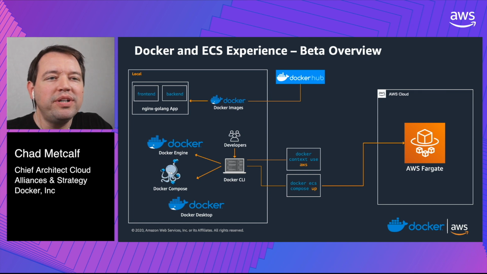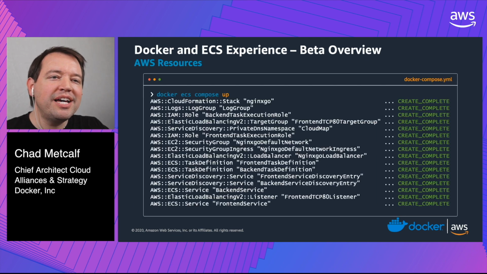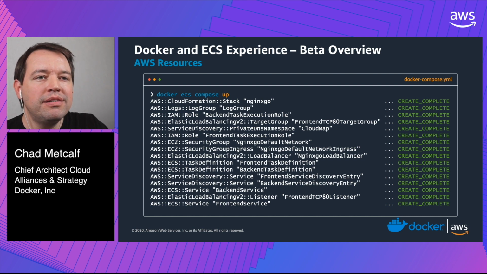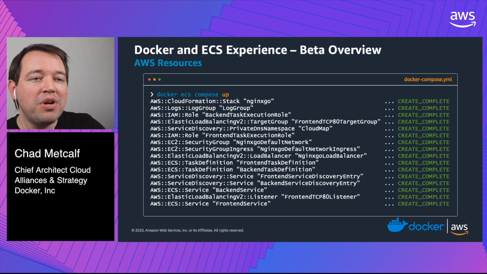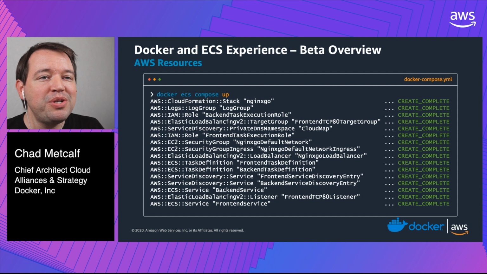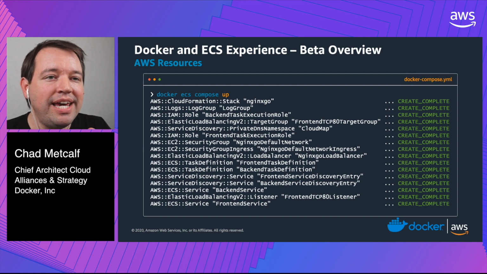And it's really, I think, one of the things I like best about this integration is how plumbed in it is to Amazon. We are using CloudFormation under the covers, which means when you do Docker Compose up, you're going to get a CloudFormation stack. Everything is going to be self-contained within that stack.